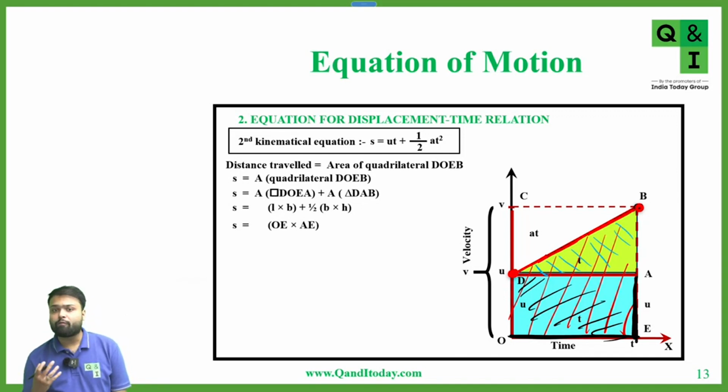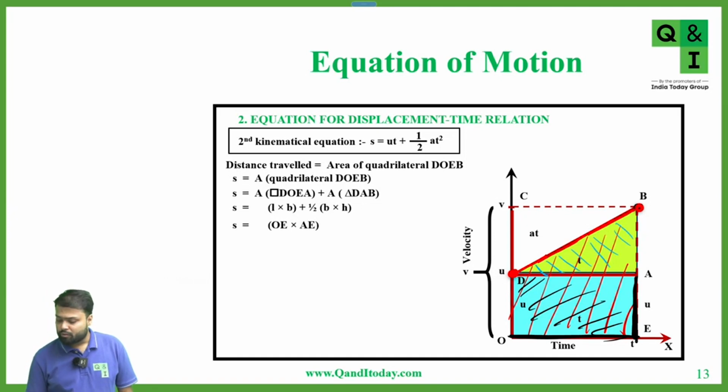What is the value of OE in terms of time, velocity, whatever? Tell me, what is OE here? I want an answer. Time. And what is AE? Velocity, which is equal to what? AE is equal to U.